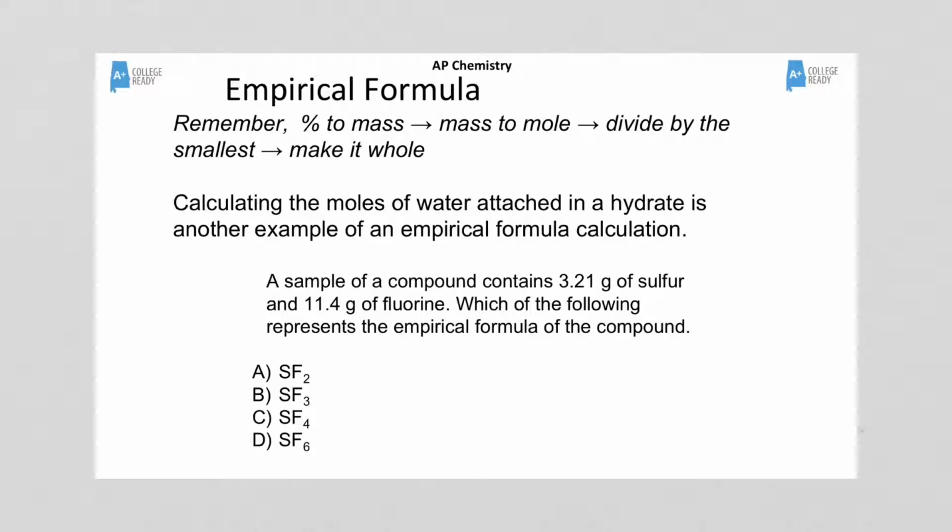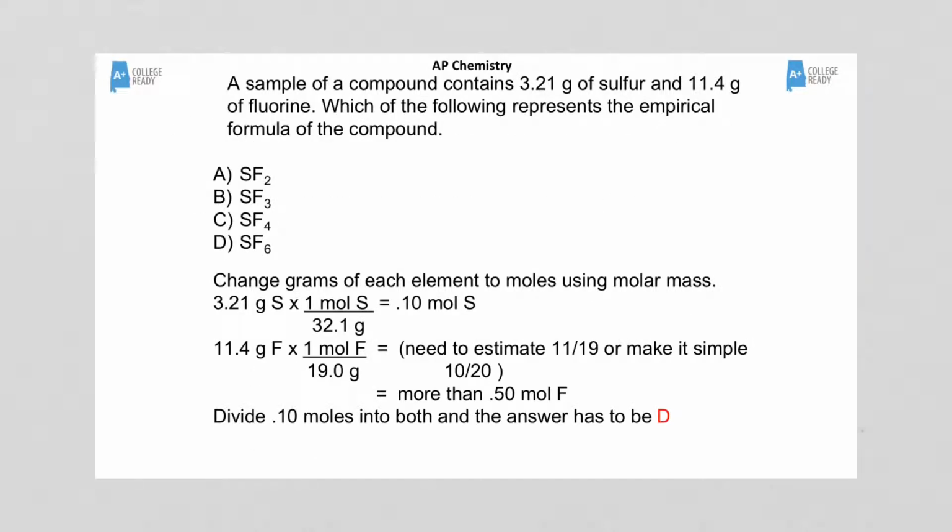So the math there is not quite as easy, but if you notice, if I go to the next slide, I've set this up so you can see the work I've done. Notice 3.21 divided by 32 gives me 0.1 moles of sulfur. And then the fluorine's, again, a little bit more cumbersome, but again, you're expected to round.